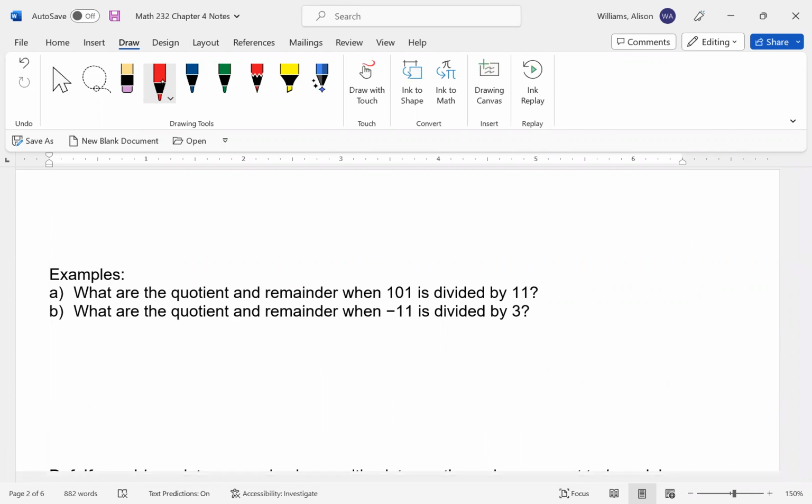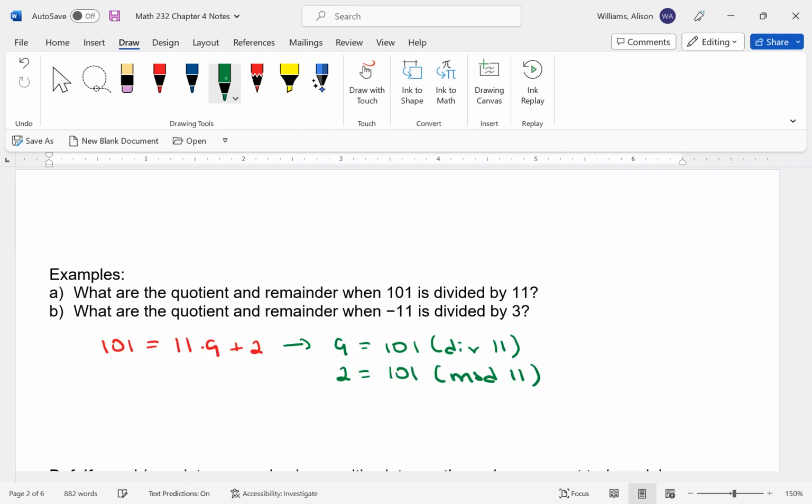Okay, so if you try to do 11 into 101, 11 times 9 is 99, right? So it's very close. So 11 times 9. And then if you add 2 to that, that's going to be 101. All right, so according to this notation, then, that means that 9 equals 101 div 11, and 2 equals 101 mod 11.